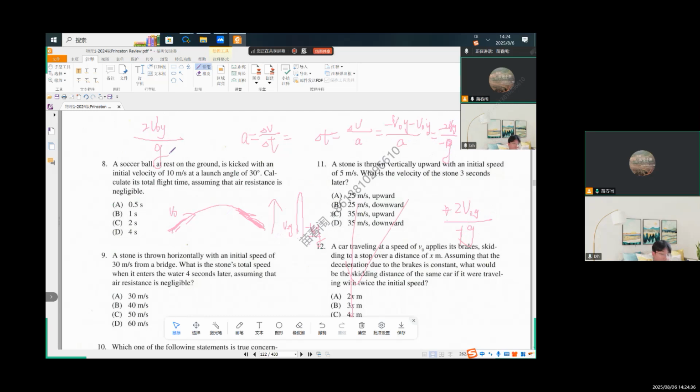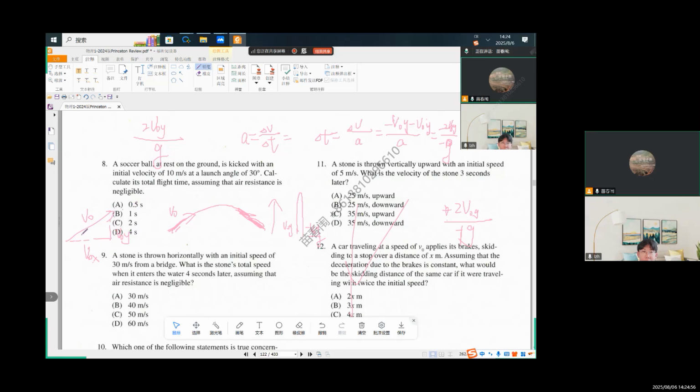And v0y is what? What's the vertical component of the initial velocity? This is v0, this is v0x, and this is v0y, right? So what's the v0y?